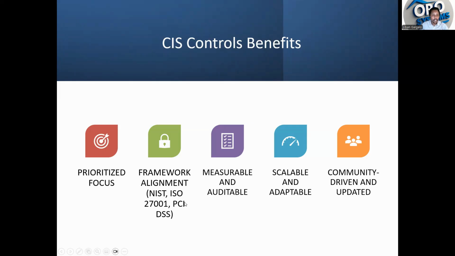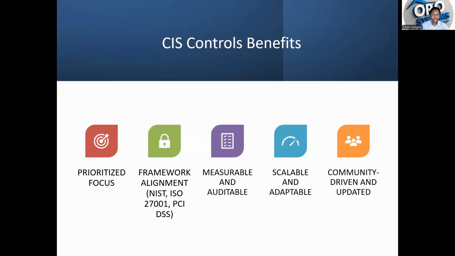Like I already mentioned, depending on the company goal and the company compliance to regulation, they will align with all these different frameworks. The measurable and auditable, that's another benefit, and the scalable and adaptable, like we already saw.